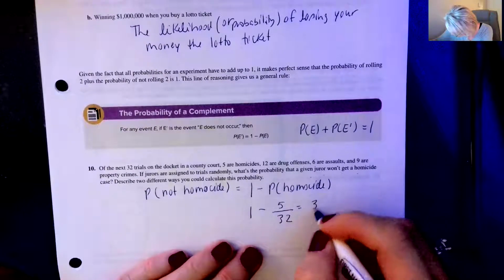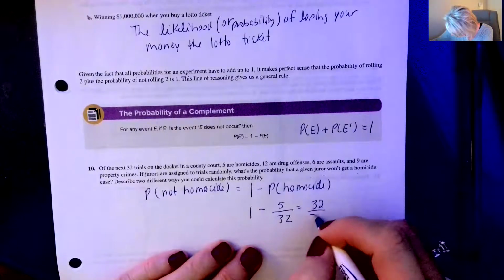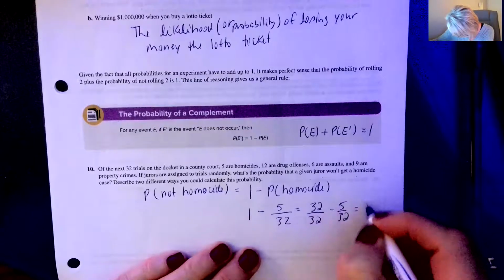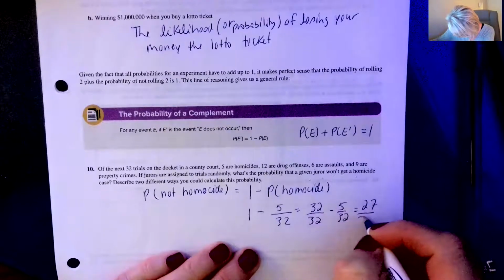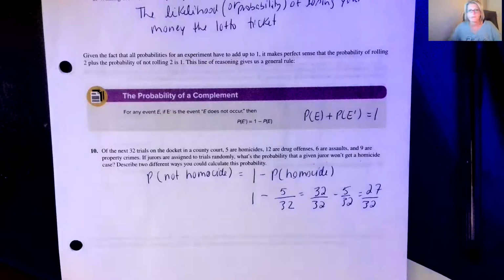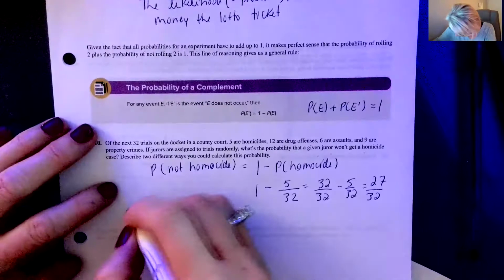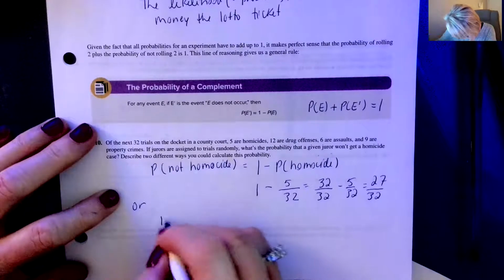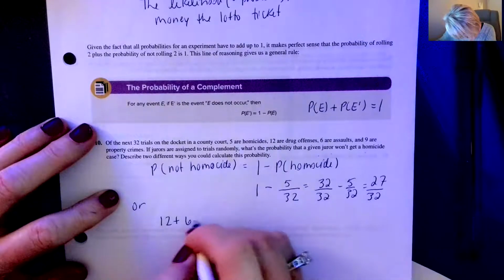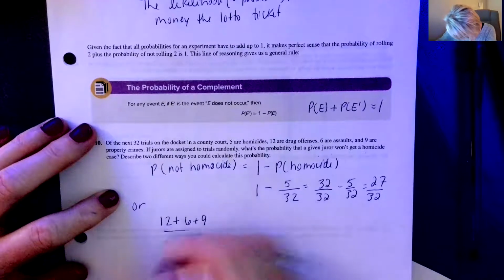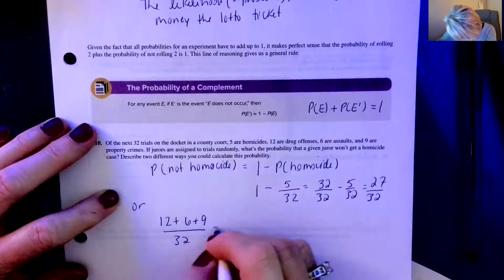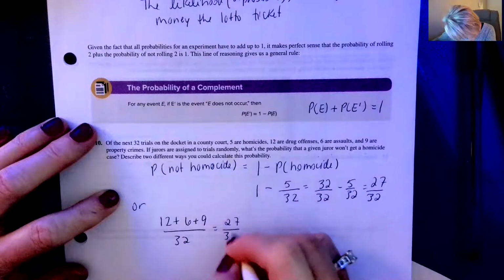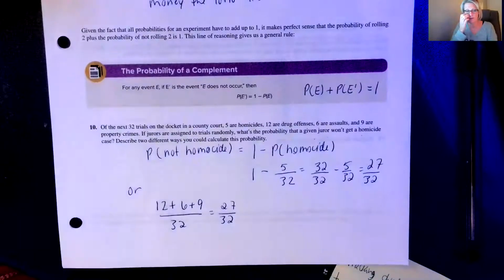So that means 32 over 32 minus 5 over 32 is 27 over 32. Or you could just add up all the ones that are not, which would be 12 plus 6 plus 9 out of 32, which is also 27 out of 32. That's another way you can do it.